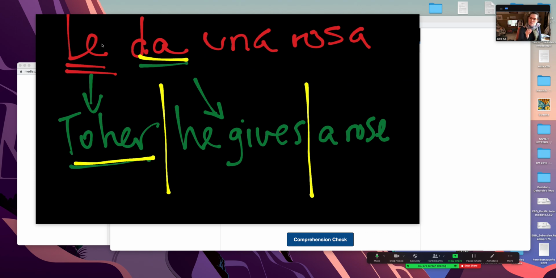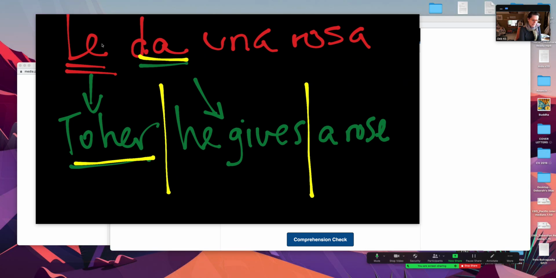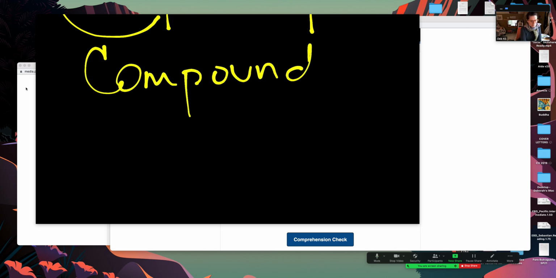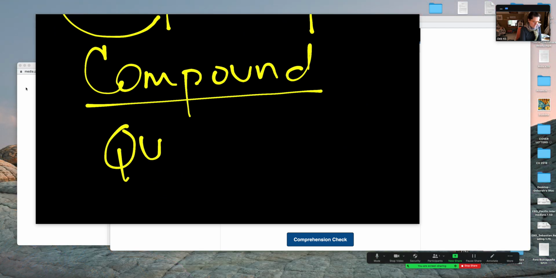If you were to look at the structure exactly how it would sound in bad English, this is what it would be like. So now let's take a look, because what's going to happen now is that this structure where we put it always before the conjugated verb, now we're going to have a type of verb that has two parts, the compound ones. So this compound verbs will be, for example, let's say quiero, I want, mandar.